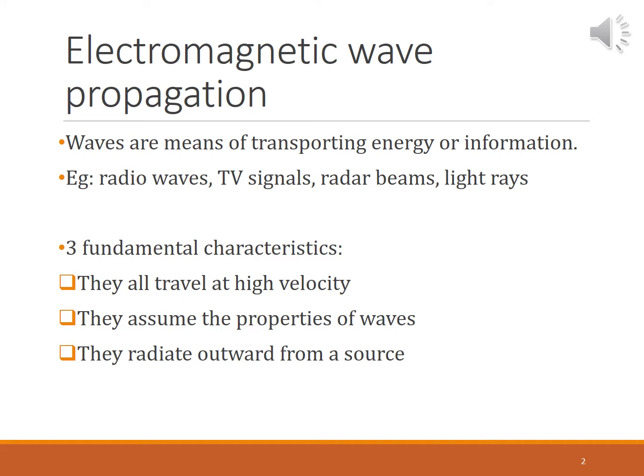We understand that an electromagnetic wave is generated due to the interaction of electric and magnetic fields. There are various different kinds of waves that come under the category of electromagnetic waves. Examples are radio waves, TV signals, radar beams, and light rays.